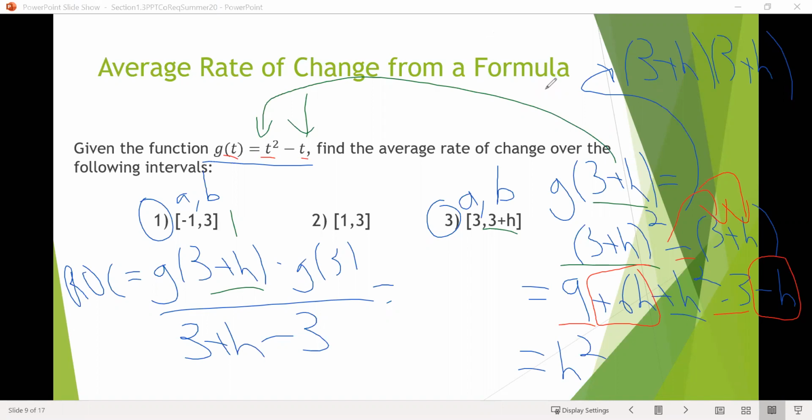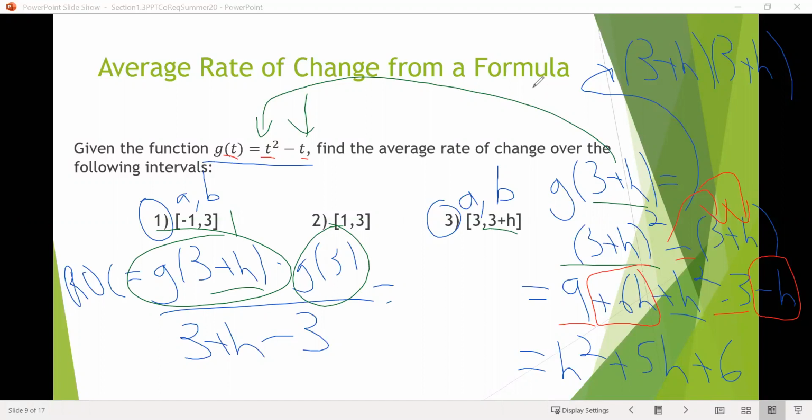The 6h and the minus h, that'll give us a plus 5h. And the 9 and minus 3, that gives us a plus 6. So it looks like the g of 3 plus h is h squared plus 5h plus 6. So that can be put in the place of the g of 3 plus h here. We've also already found that g of 3 was 6.